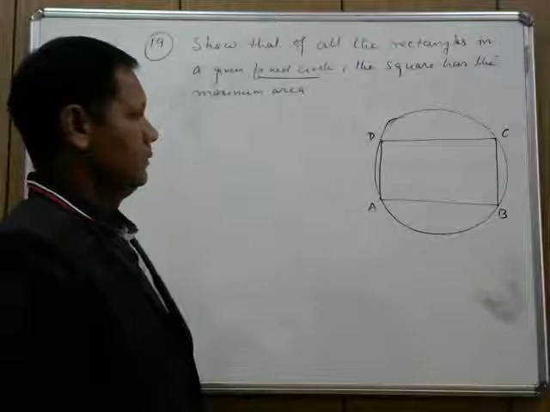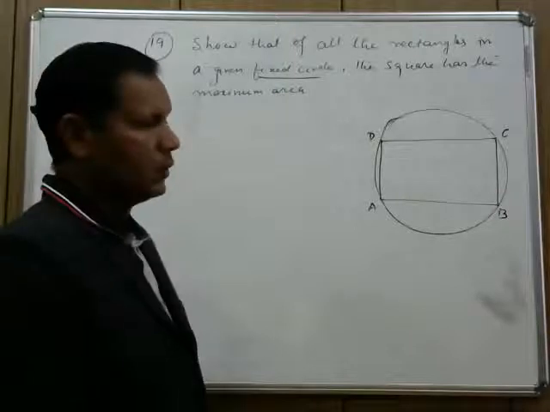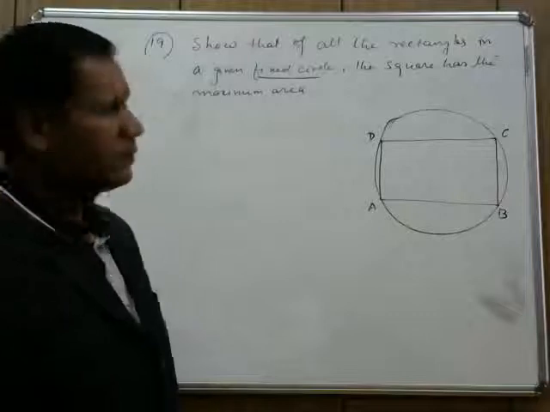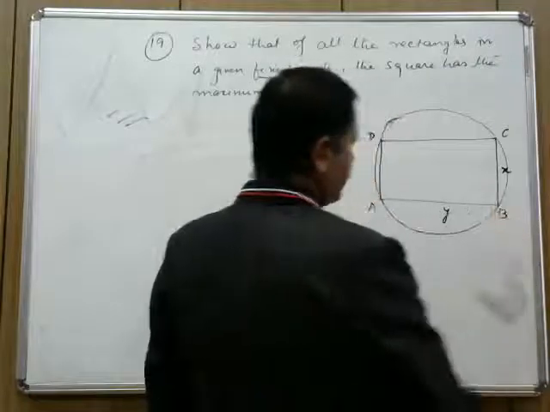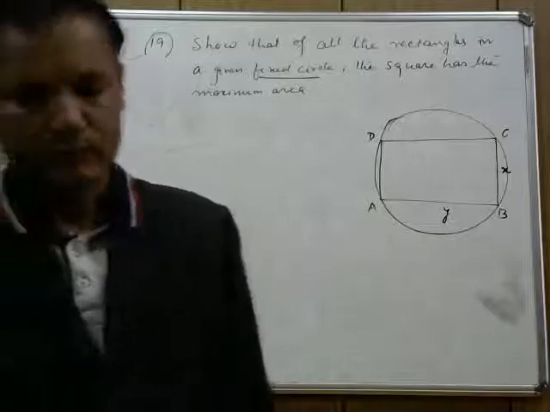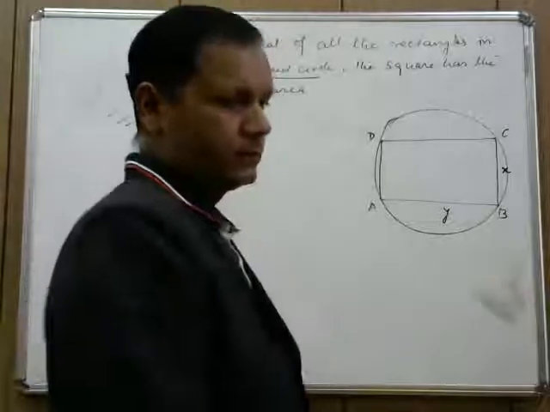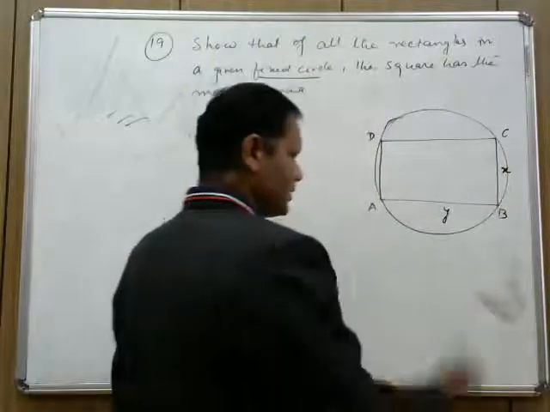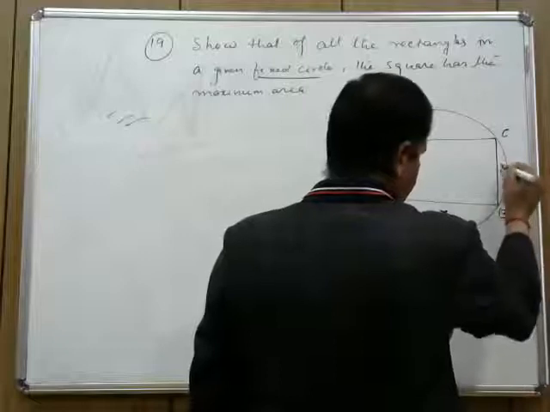Now you know that ABCD is a rectangle. We don't know the length and breadth of the rectangle, right? Let us suppose the breadth is x and length is y. And if I am able to prove that x is equal to y, then the problem will be sorted out, right? This is the length, this is the breadth. Or you can take this as x as length, this as breadth, no problem, it's your choice, right?